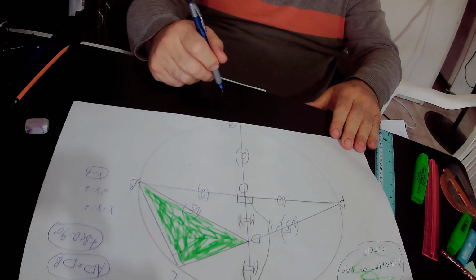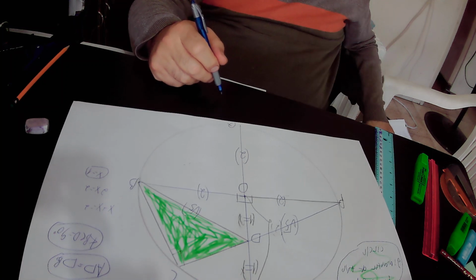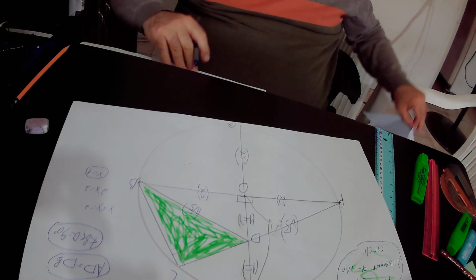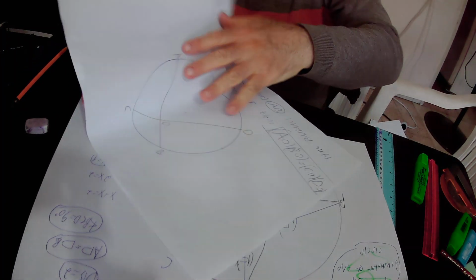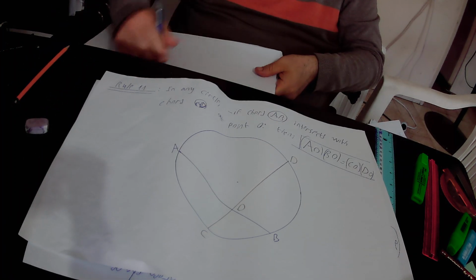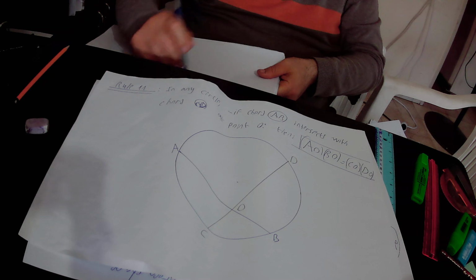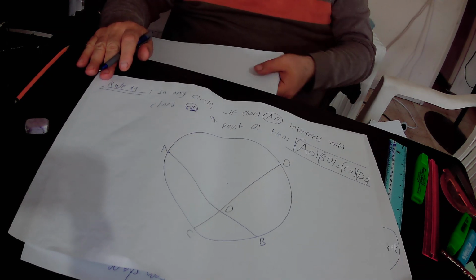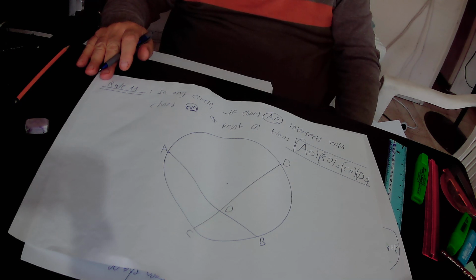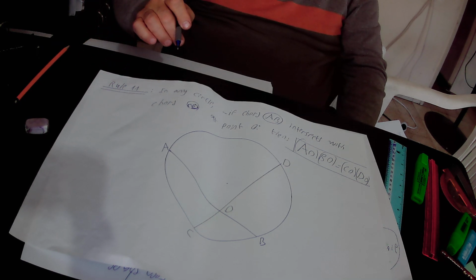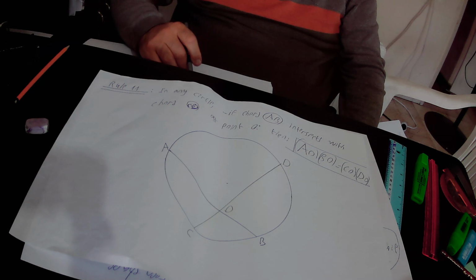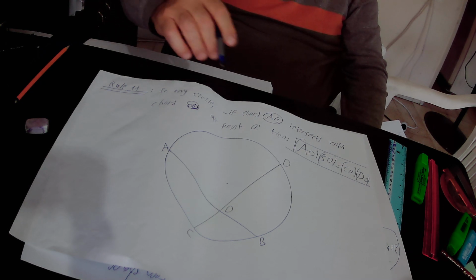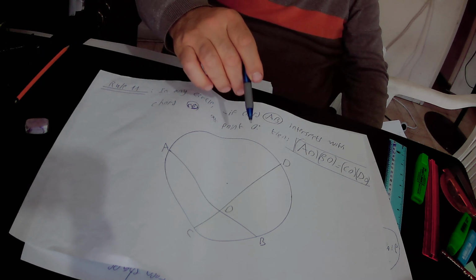Here we can implement rule 11, and quickly on rule 11. According to rule 11, which is true in any circle, if chord AB intersects with chord CD at point O, then the following equation is true, that AO times OB equals CO times OD.